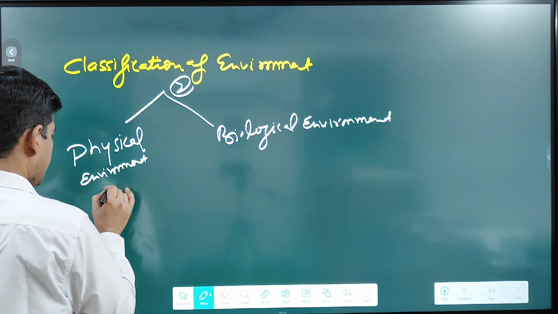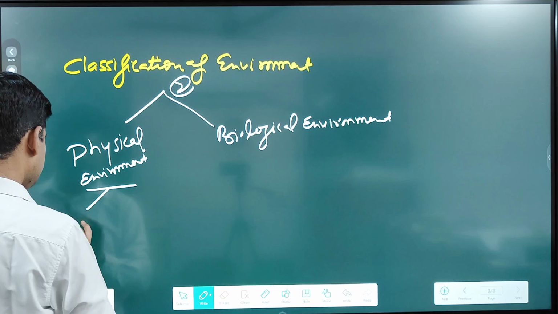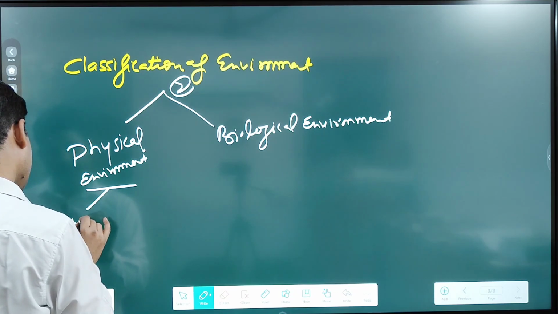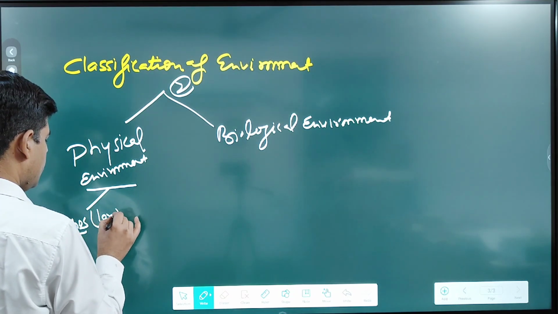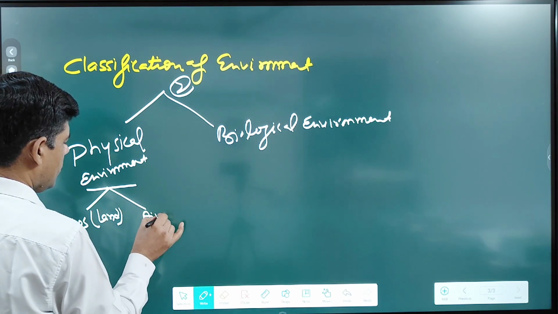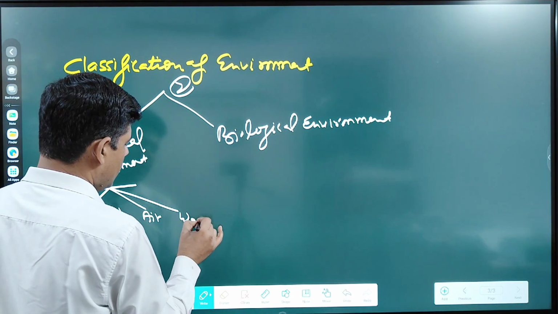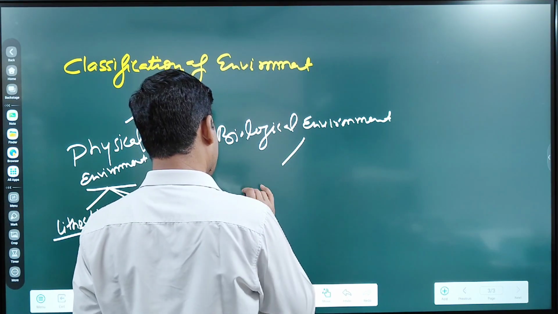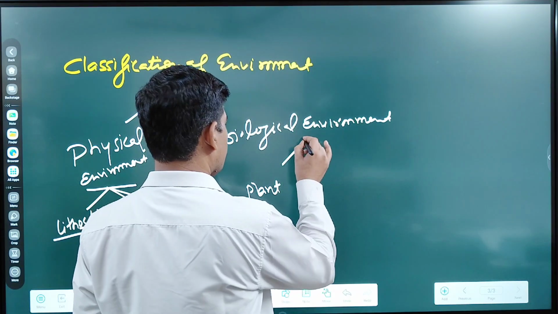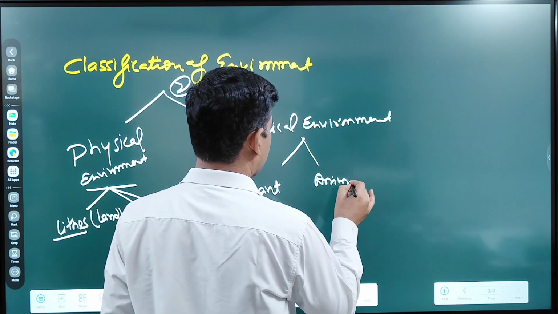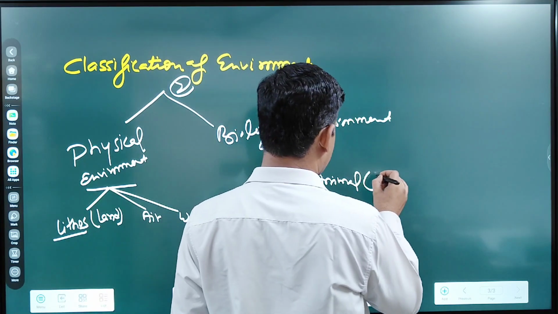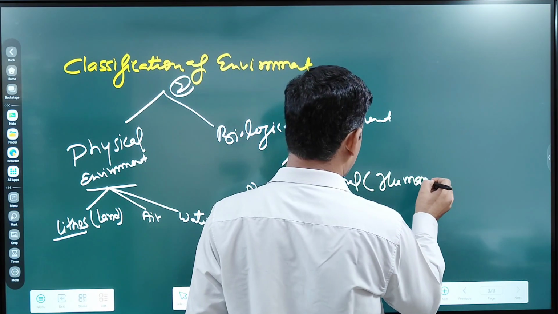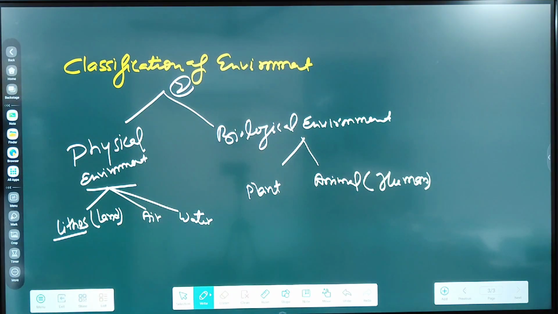Physical environment you may categorize here: lithos, land, air, and water. Biological, it is plant, animal, including human. So this is classification of environment.